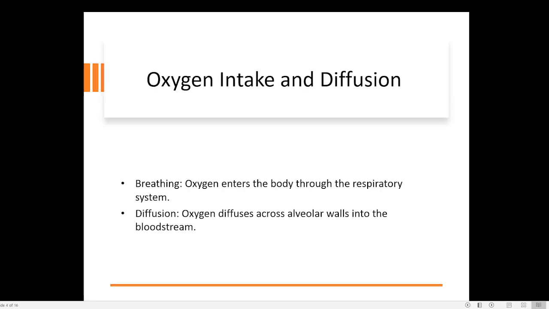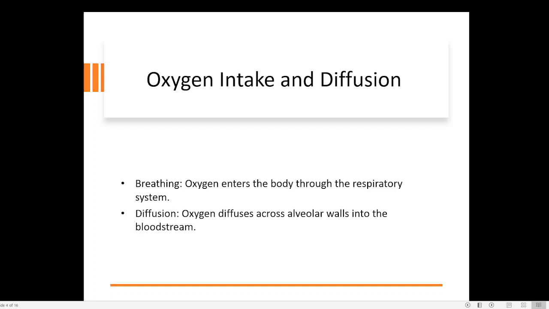Coming to oxygen intake, it is by breathing. That is, we have the nose, and when we are breathing through our nose, a lot of air will be entering into your lungs, and that air contains around 21% of oxygen, and that is the oxygen that is entering into your blood. For that there is a process known as diffusion.